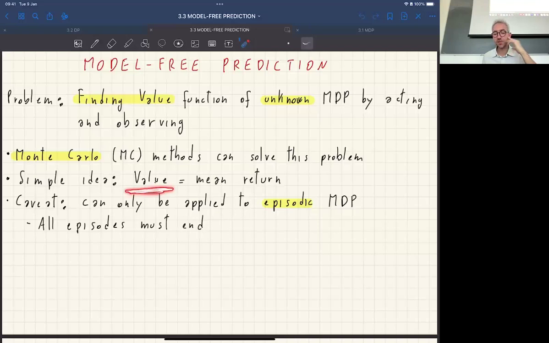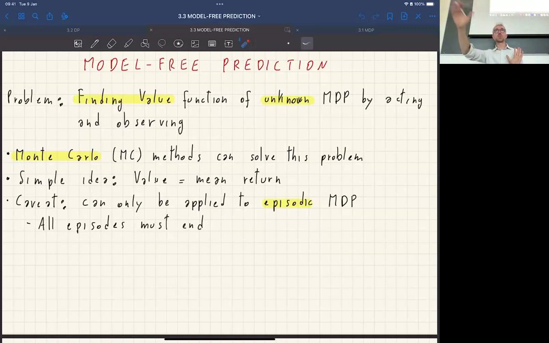The value of a given policy is simply the mean return that you observe starting from a state and applying that policy. So if you observe what the system does when starting from a state and applying that policy many times, you can just compute the average of the return that you obtain. So the return would be the summation of the cost from that state until the end.